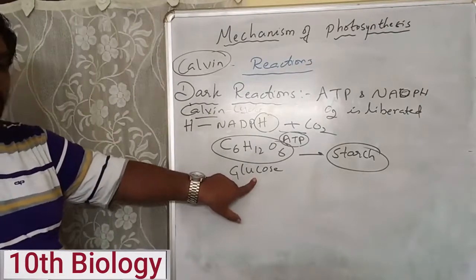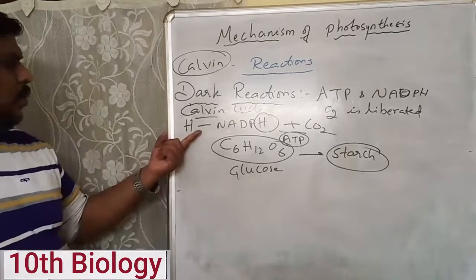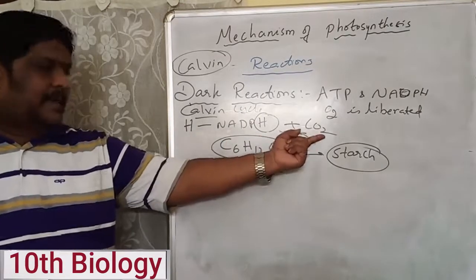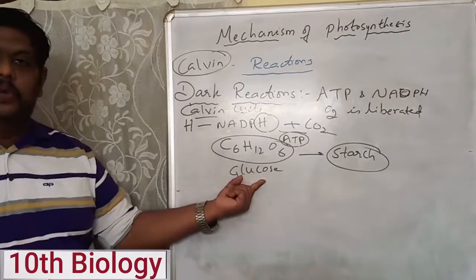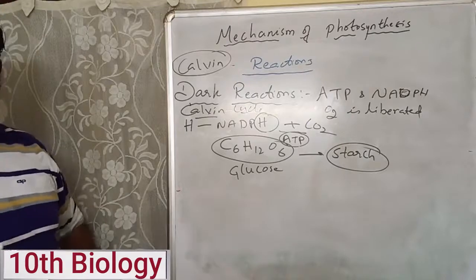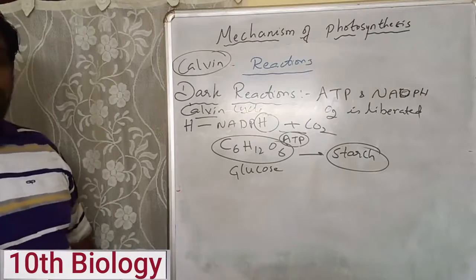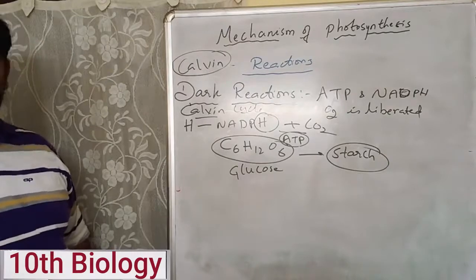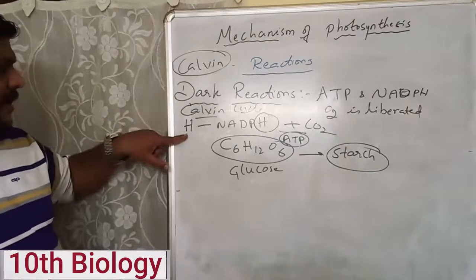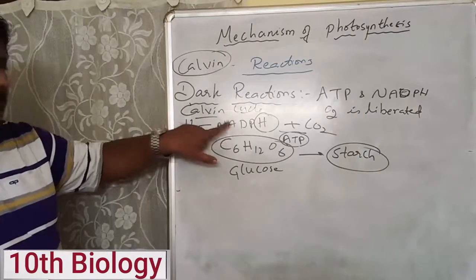Just hydrogen combining with the carbon dioxide will not directly give rise to glucose, but there are several reaction intermediates. What are reaction intermediates? The products which are formed before the final product is formed are called reaction intermediates. So directly it is not formed, but it will take some time.